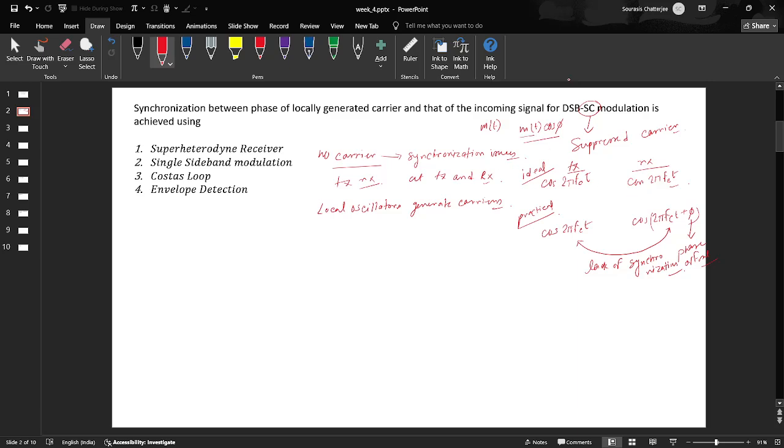your message signal. For example, if I pick this message signal from a QPSK constellation, where I pick one of those 4 symbols, let's consider you transmit this, but since there is this lack of synchronization, a phase offset is introduced. So instead of m(t), you get m(t) cos phi.